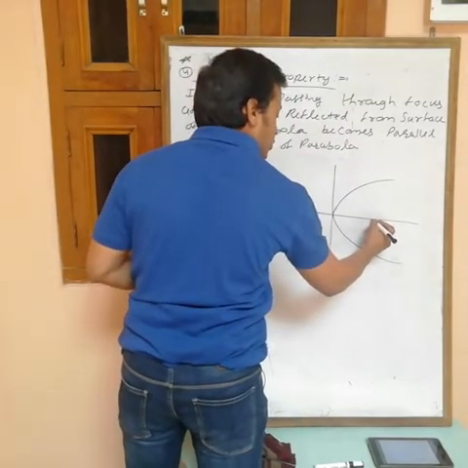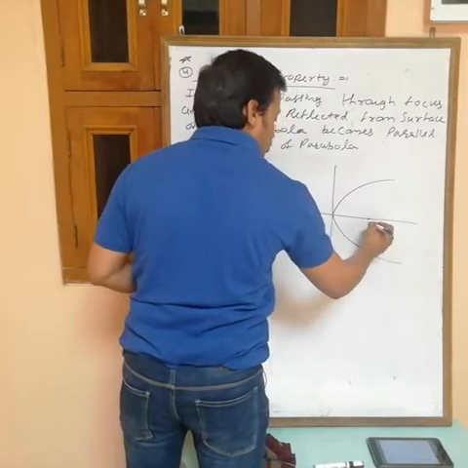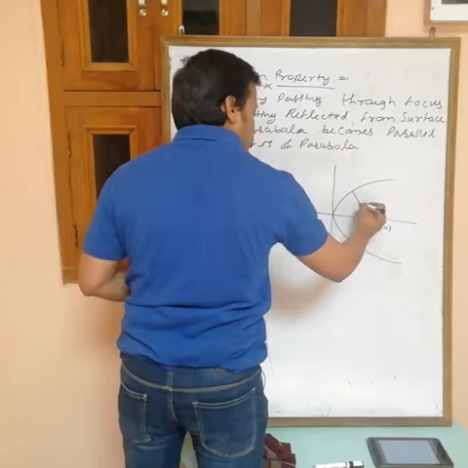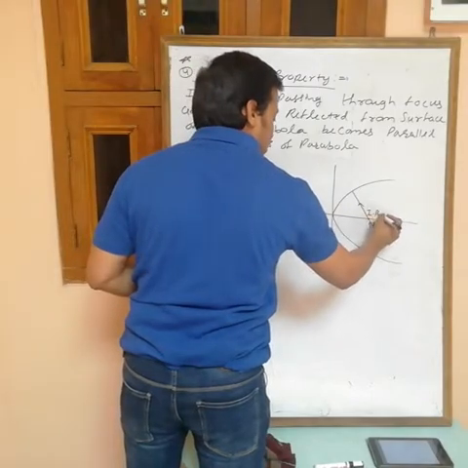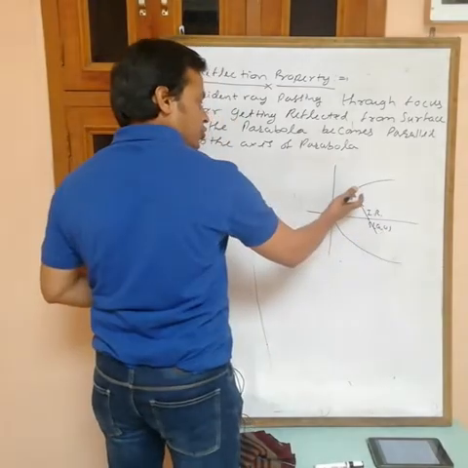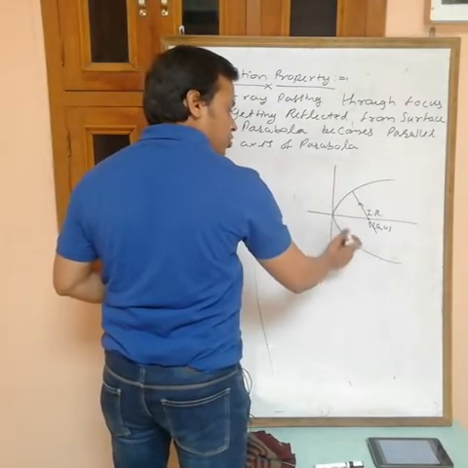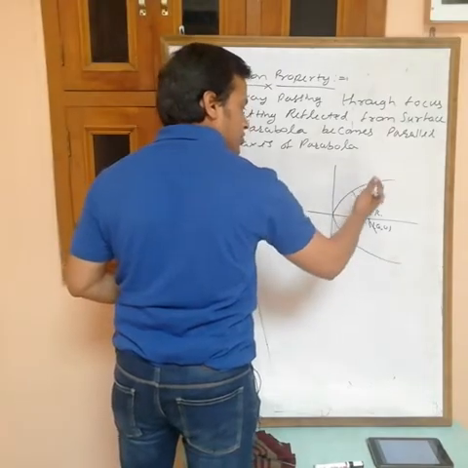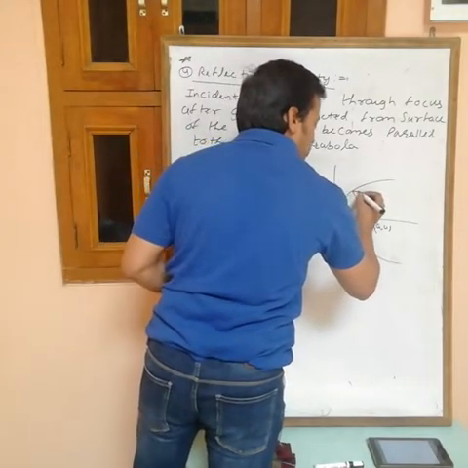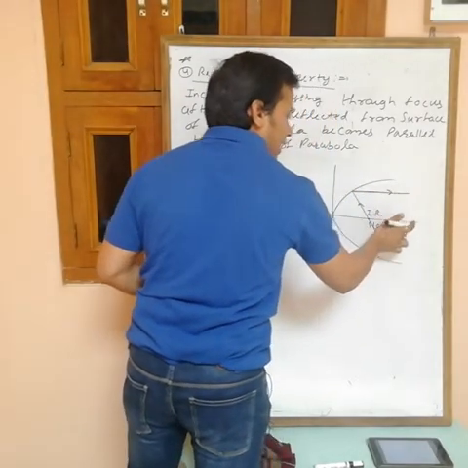Suppose this is the focus (a, 0). So any incident ray passing through focus, this is the incident ray, after getting reflected from the surface of the parabola, becomes parallel to the axis.